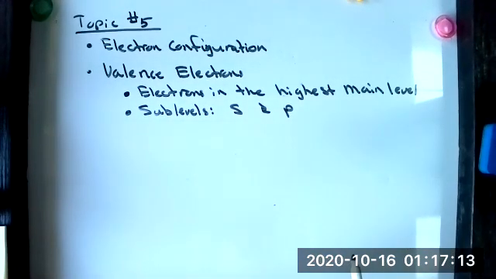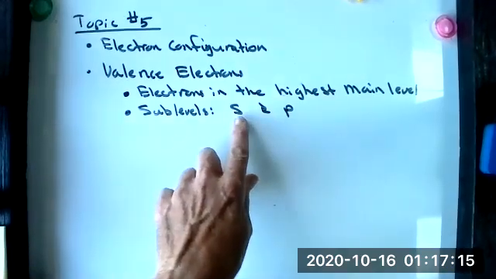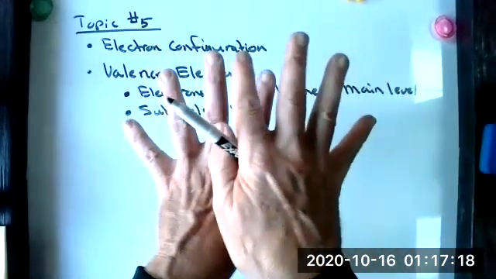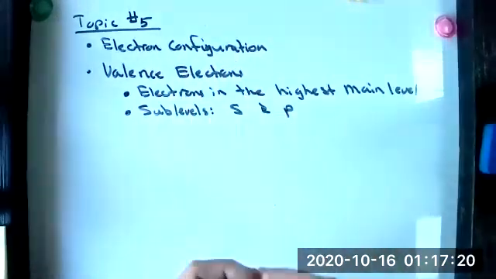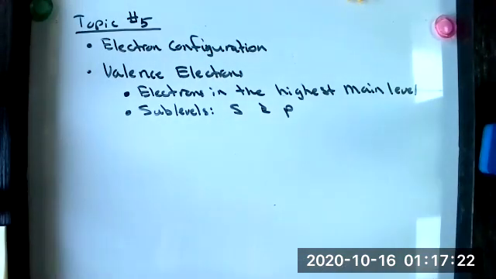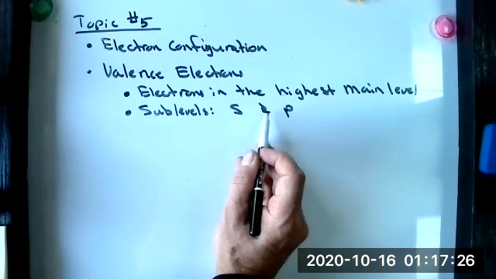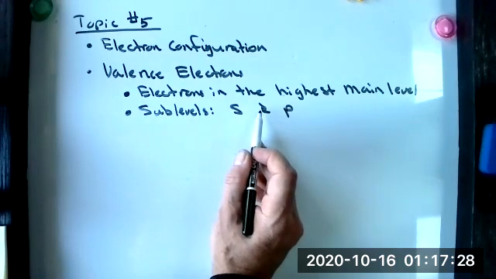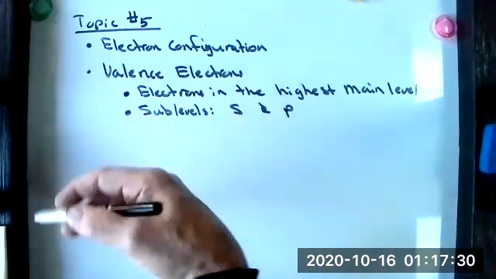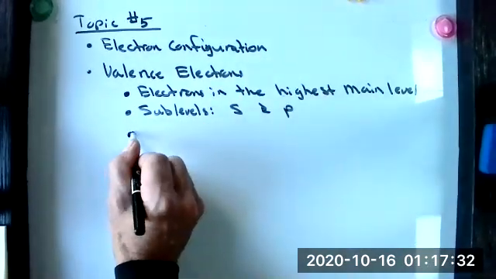D is never part of valence because there's always some higher main level S that kind of comes over and eclipses and cuts them off, you could say. Which is nice. You only have 2 to worry about. Don't ever look for the D or the F when you're calculating the valence, which is really, really nice.